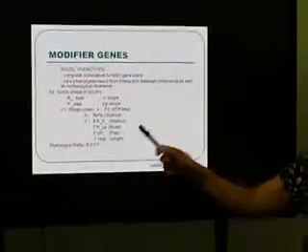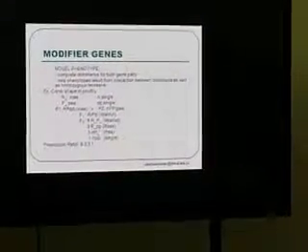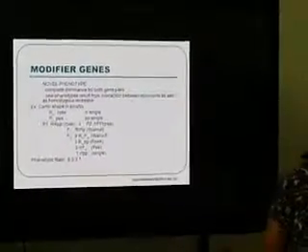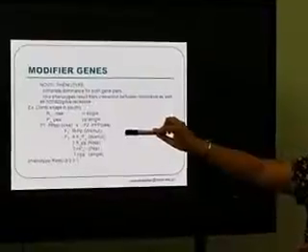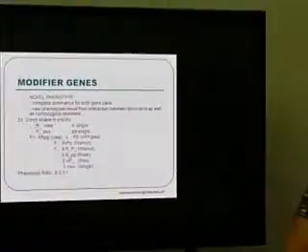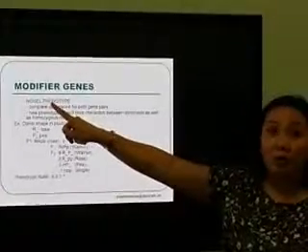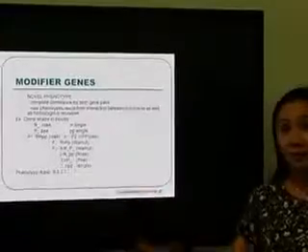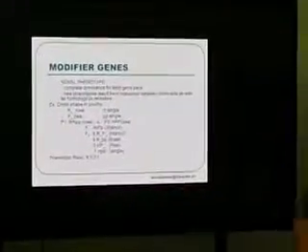Did you get that? Last time, you had the color of the seed and the texture of the seed. So you had two phenotypes. But in this case, because of the presence of the modifier gene called the novel phenotype, you will only be considering one specific trait. But please take note, you also have to remember the phenotypic ratio, which is 9:3:3:1. Did you get that? Okay, let's move on.